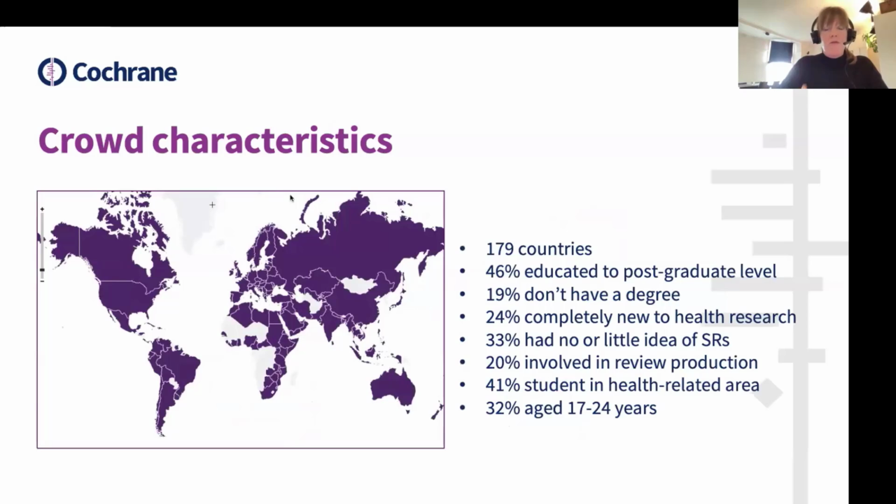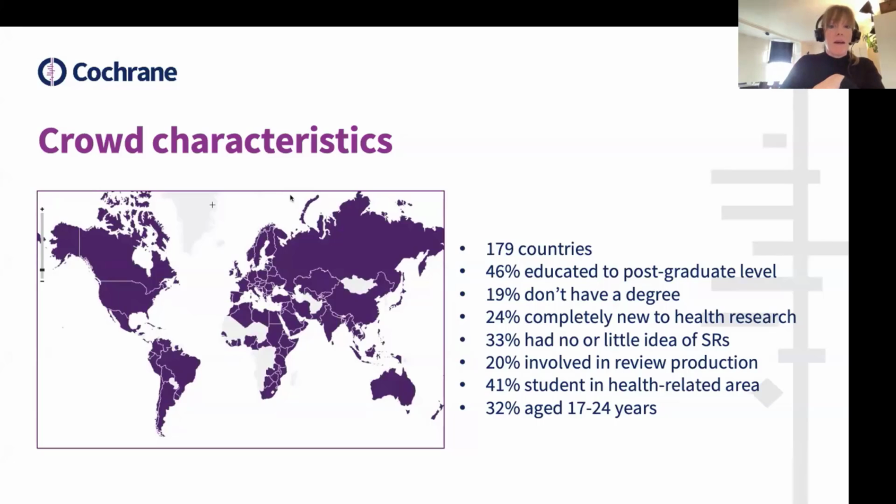We know that around 46% are educated to postgraduate level, so a pretty educated crowd. We have around a fifth who don't have a degree. Around a quarter who sign up are completely new to health research, and around a third have had no or little experience with systematic reviewing, or not even too sure what a systematic review is.